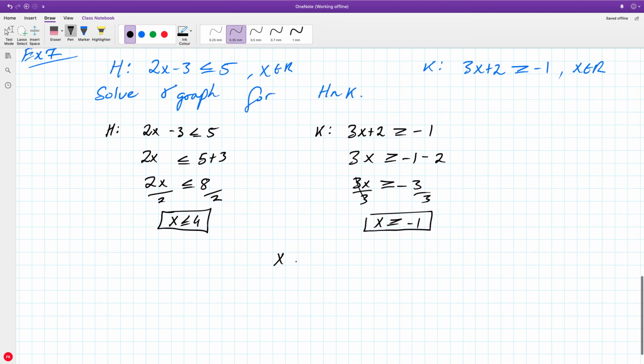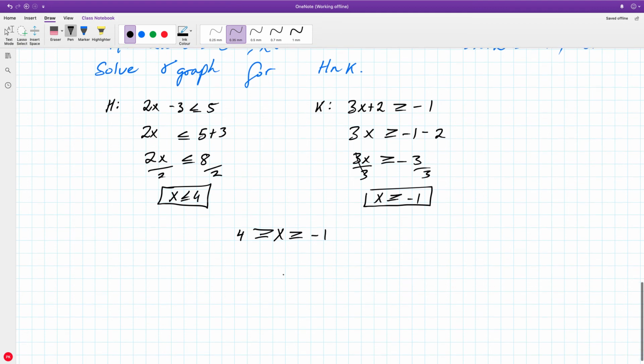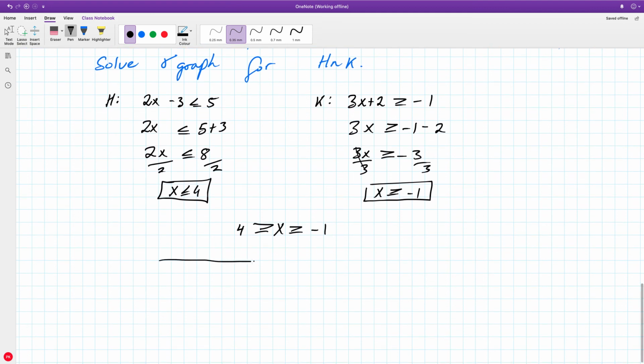So, x then, greater than or equal to, less than or equal to, the big mouth is next to minus 1, the small mouth is next to 4. There's your line, starting at 4, 3, 2, 1, 0, and 5.